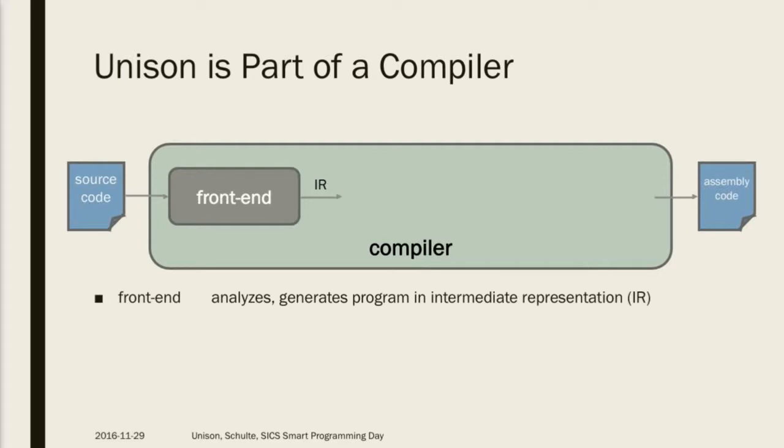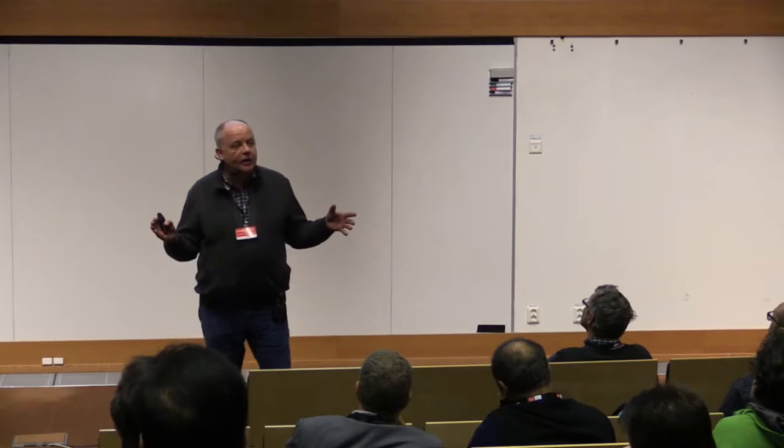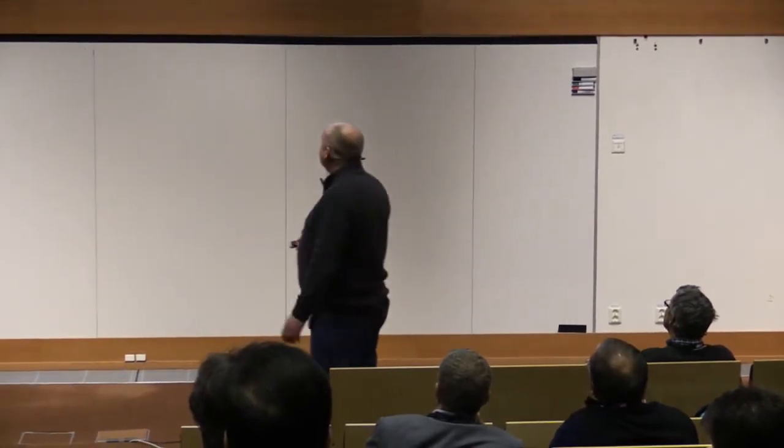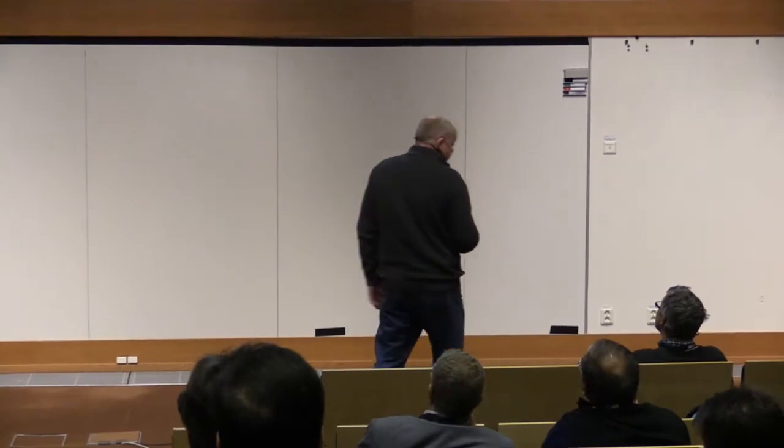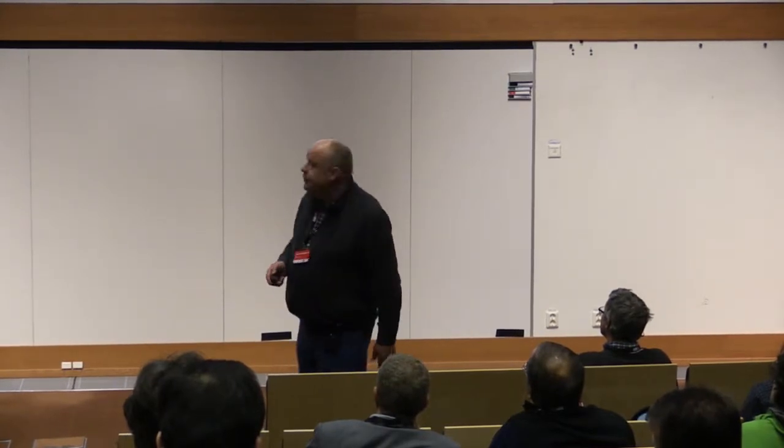Inside a compiler you have a front end that analyzes your input program, checks for errors, and generates a program into some intermediate representation. Think of the most basic, simple assembly language without any commitment to any particular architecture detail you can possibly think of. Then you have a mid-end or optimizer where you perform all the platform-independent optimizations on your program.